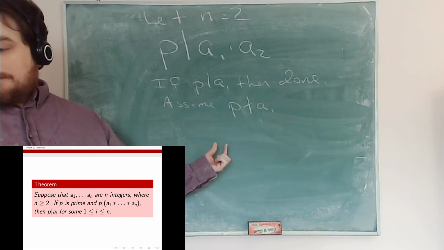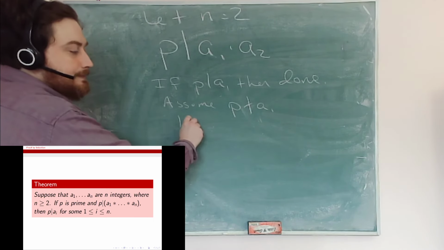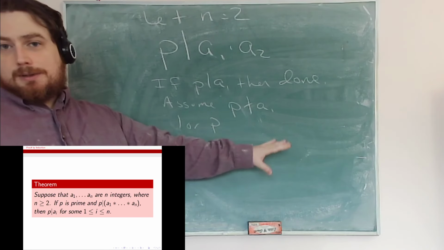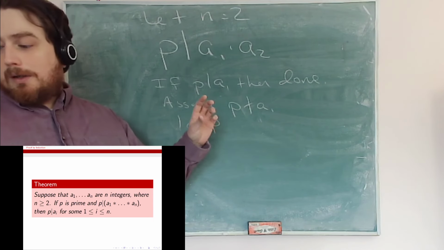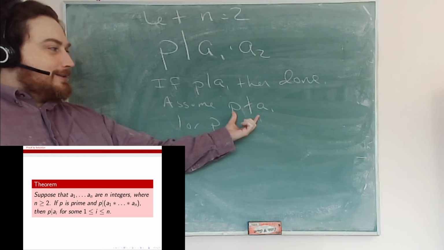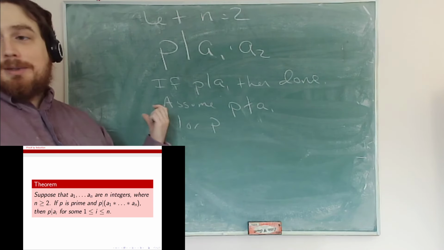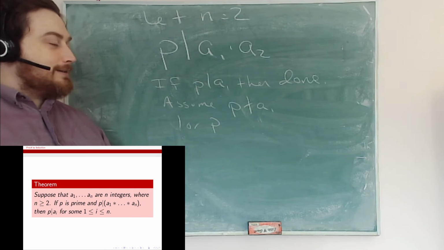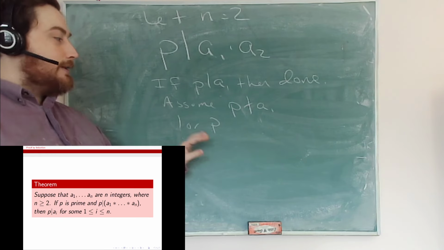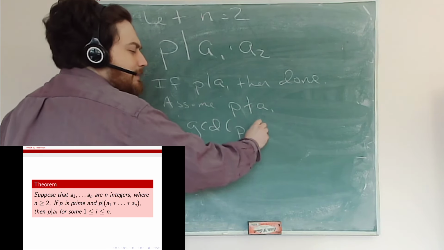Well, the only divisors of P are 1 and P, right? Now, I have no idea what divides A1, but a bunch of stuff can, or nothing can. But, thank you, Hannah. The greatest common divisor can't be P because P doesn't divide this, so it has to be 1, which is exactly what you said. Very good. So the greatest common divisor of these two must be 1.